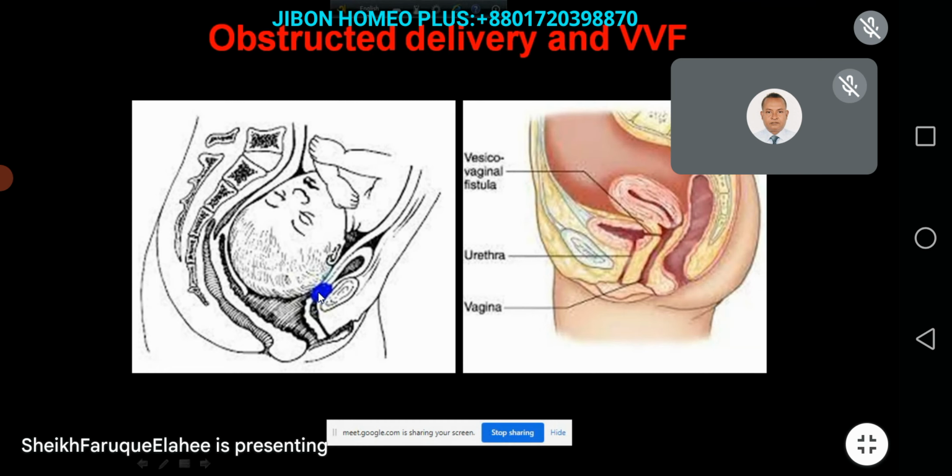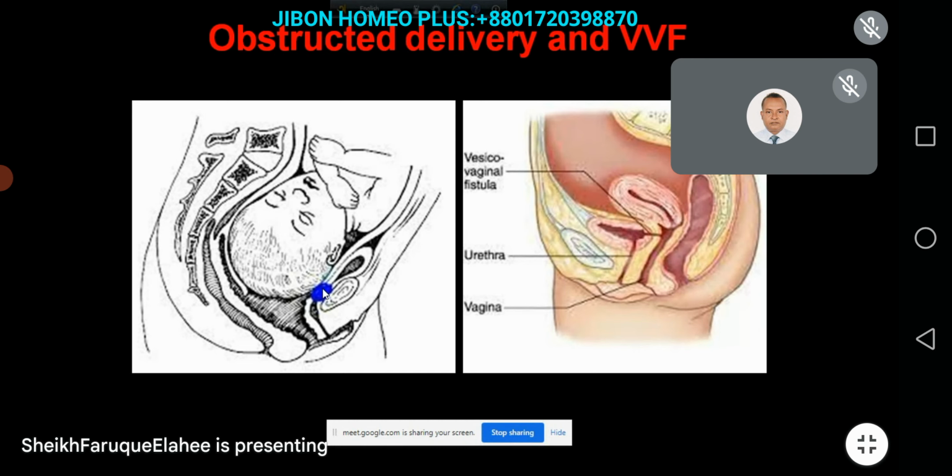And when it presses, there will be no blood circulation. And if it is prolonged for 1 day, 24 hours, what will happen? This part will degenerate. Ultimately, maybe the baby will be delivered, but the lady will find after 1 week or 2 weeks that she cannot hold urine anymore.